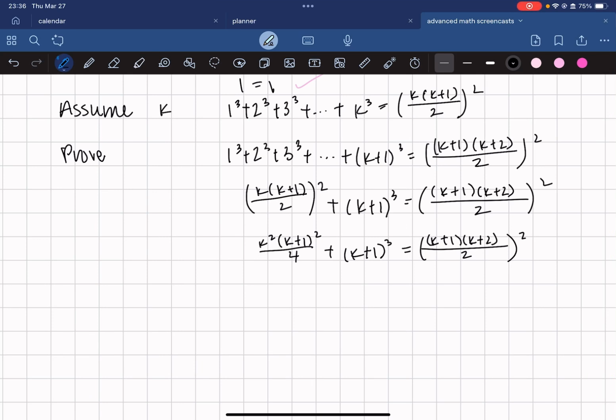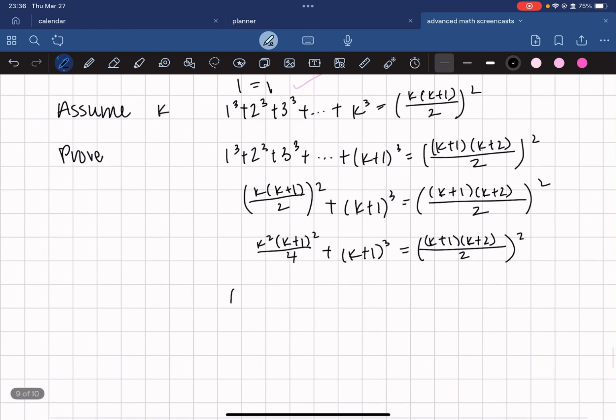And then we're going to factor out k plus 1 squared. So we're left with k squared over 4 plus k plus 1 is equal to k plus 1 times k plus 2 over 2 squared.